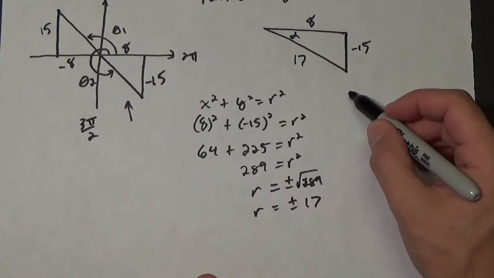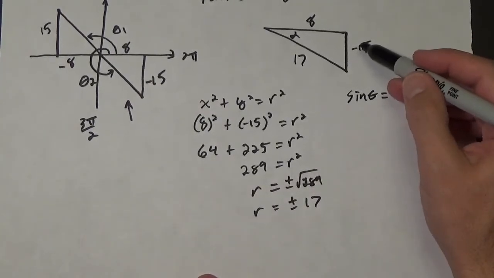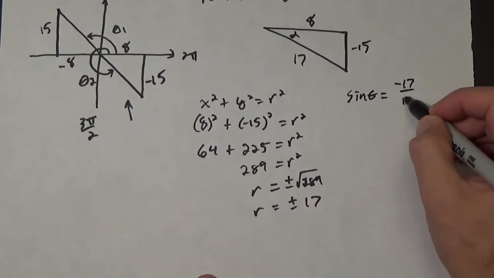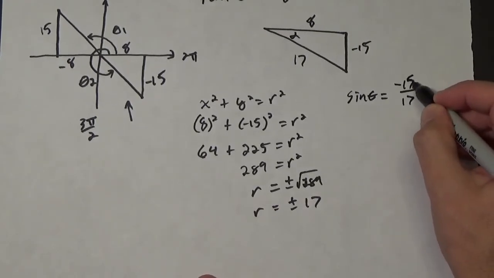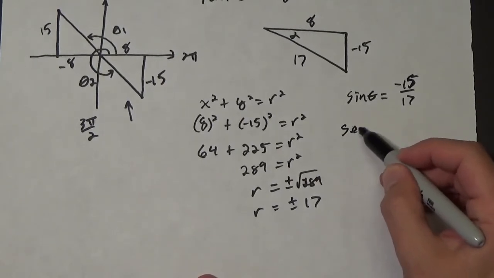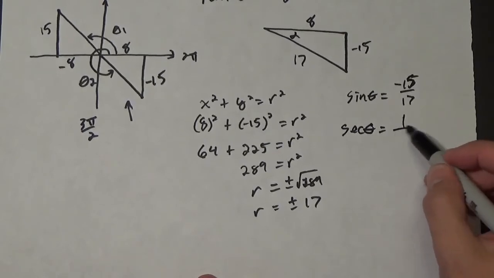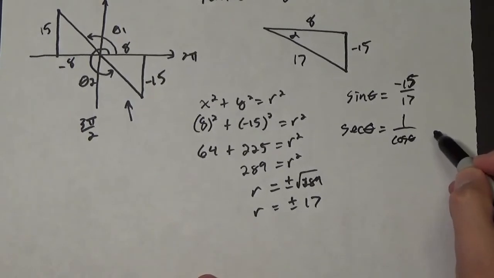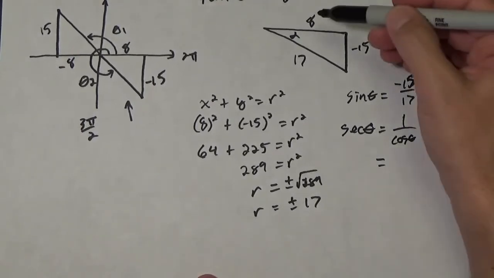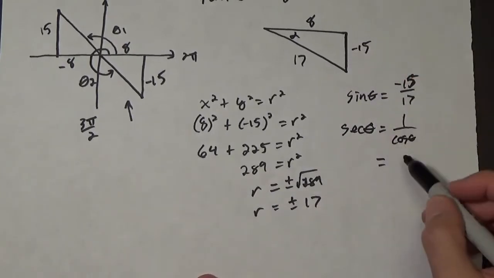Okay, so then we can figure out the rest of this. The sine of theta is the opposite over the hypotenuse, so that's negative 15 over 17. Now the secant of theta, well, that's the same as 1 over the cosine of theta. So cosine is 8 over 17, right?